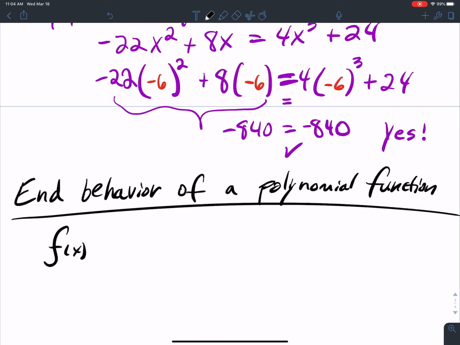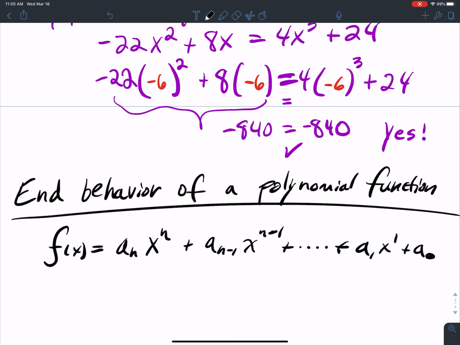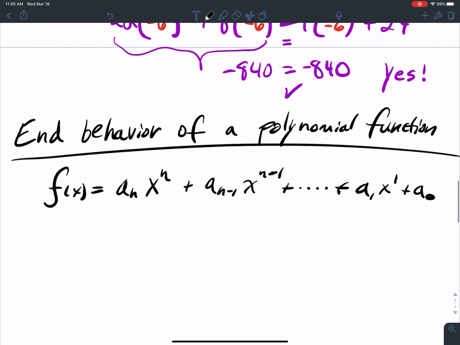f of x equals a_n x to the n plus a_(n-1) x to the n minus 1, plus blah blah blah, all the way down to a_1 x plus a_0. Now, this is a lot of stuff going on here in terms.